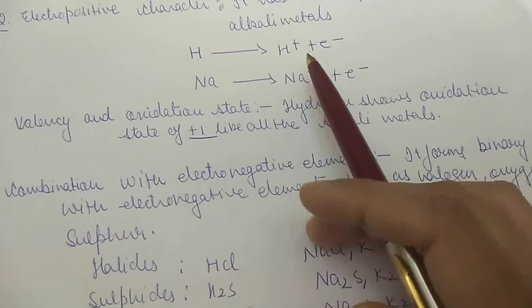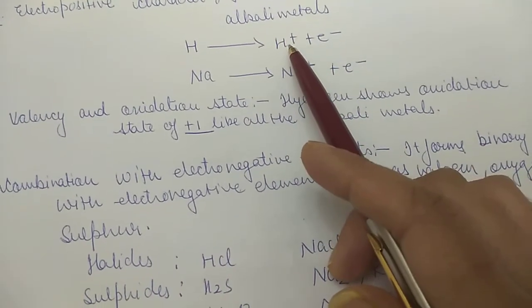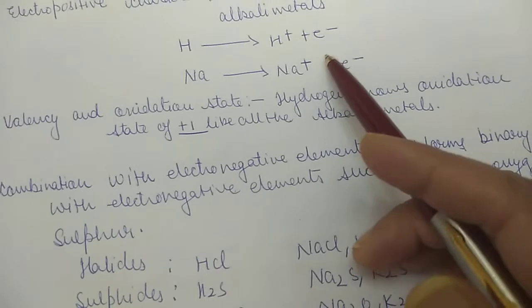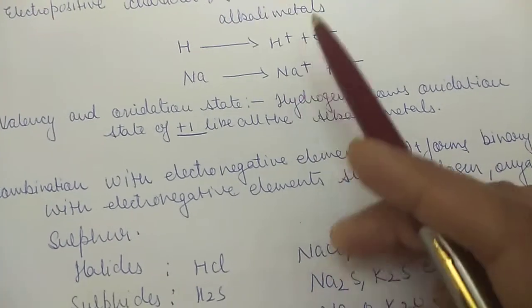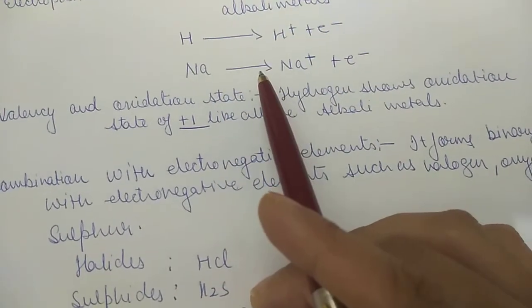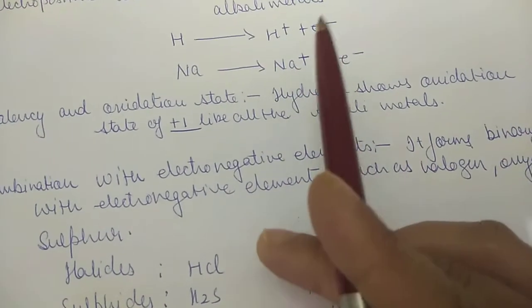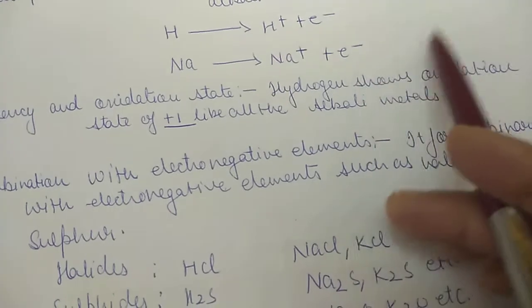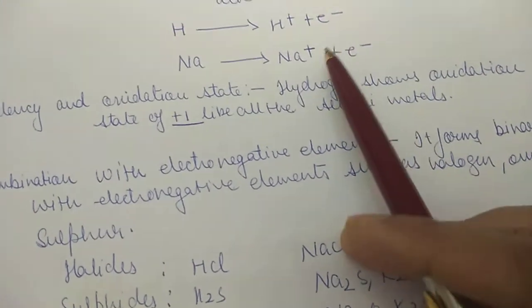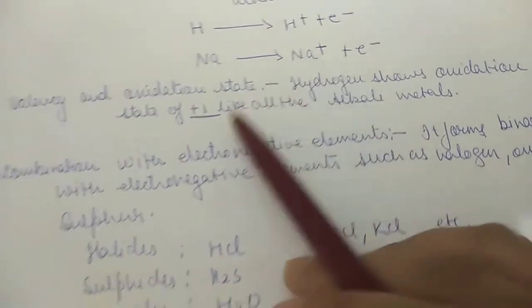Like hydrogen, which easily loses an electron and forms H positive, all the other elements in the group, sodium, potassium, rubidium, cesium, also easily lose their 1 electron in the valence shell and form electropositive ions.